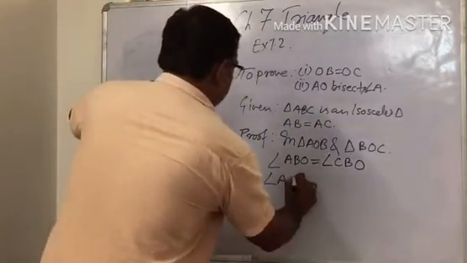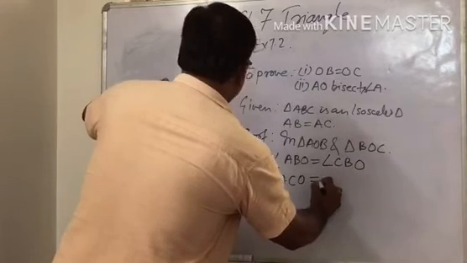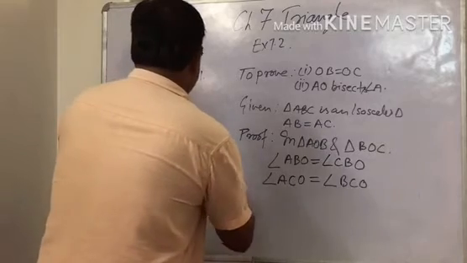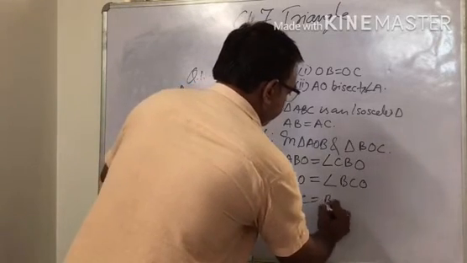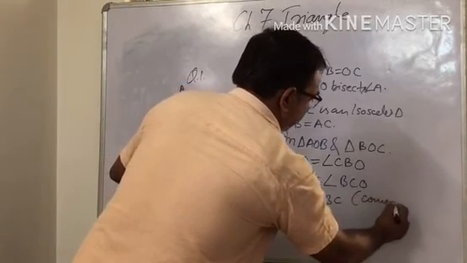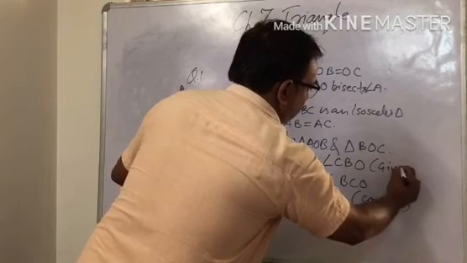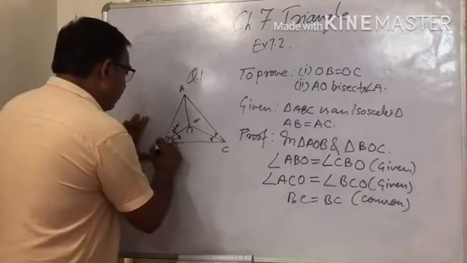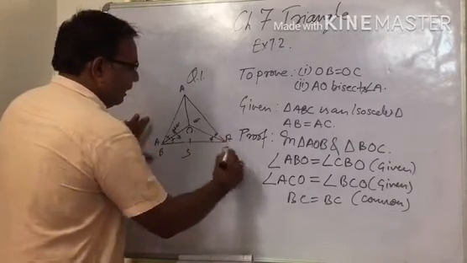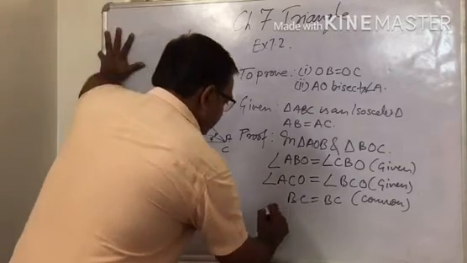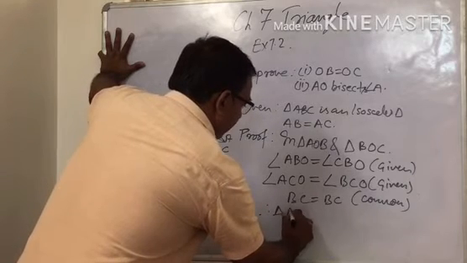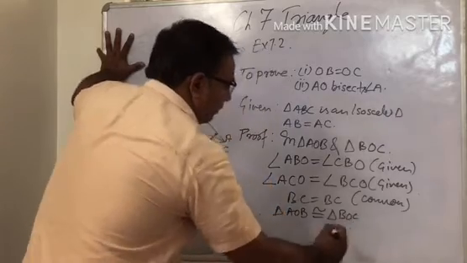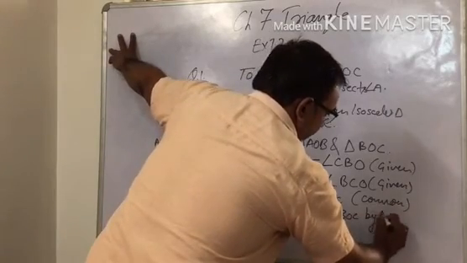Now angle ACO is equal to angle BCO, and BC is common, and these two are given. So angle side angle, therefore triangle AOB is congruent to triangle BOC by ASA.